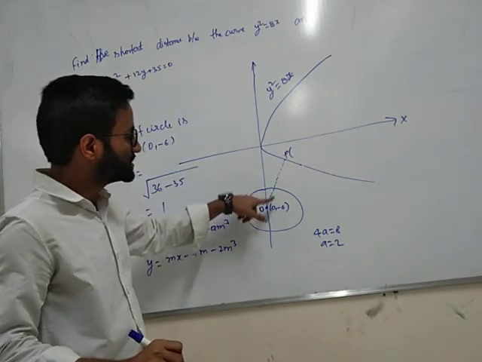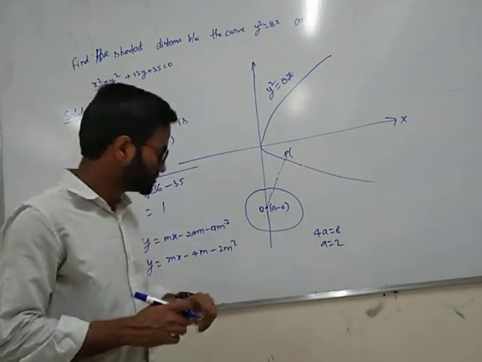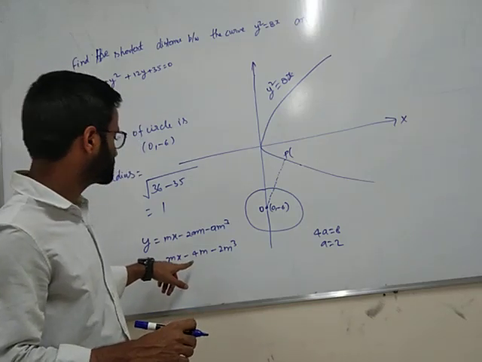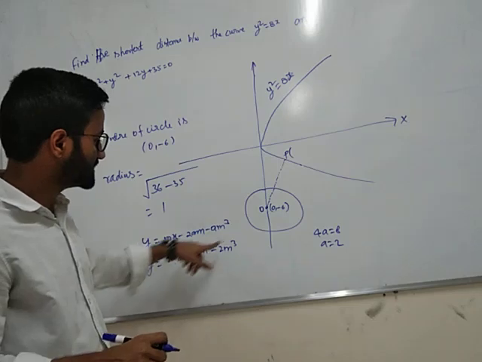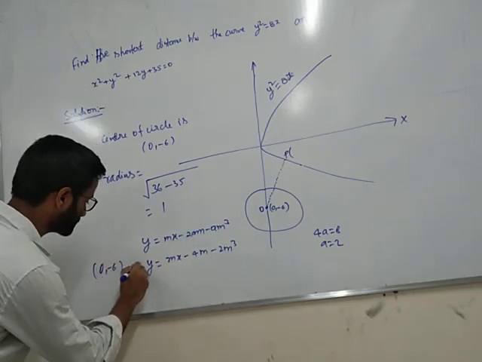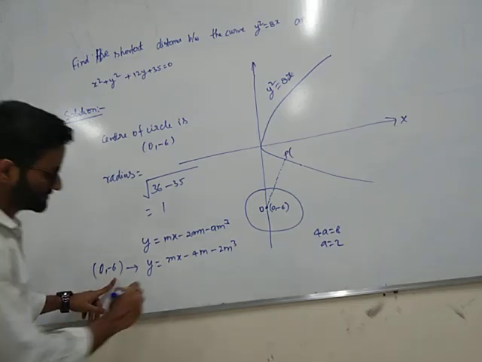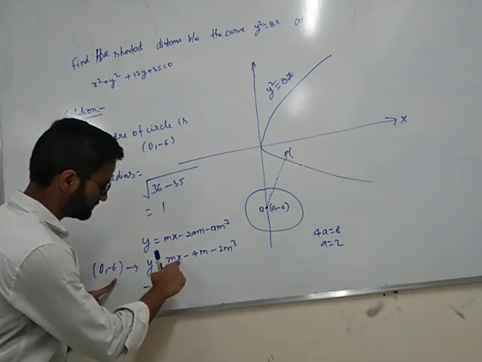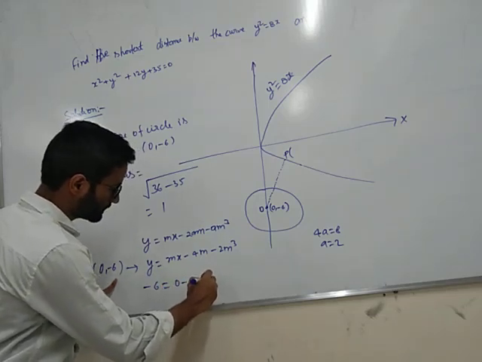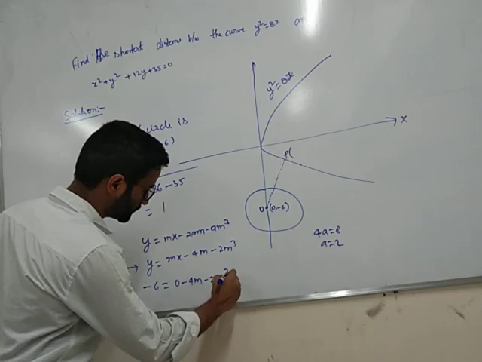And now this line is also passing through 0 comma minus 6, so 0 comma minus 6 will satisfy this. Put x is equal to 0, y is equal to minus 6. So minus 6 is equal to m multiplied by 0, which is 0, minus 4m minus 2m cube.